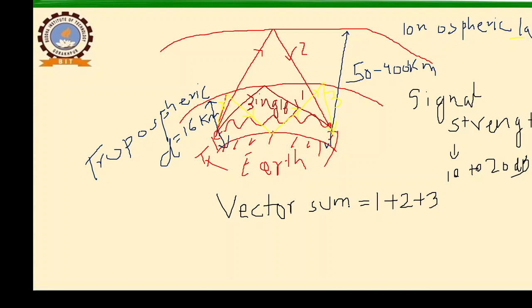If we are talking about how this fading takes place, there is large scale fading and small scale fading. What is the difference between them, and what are the factors influencing small scale fading?